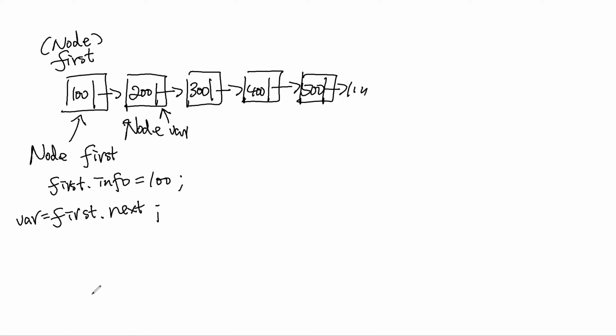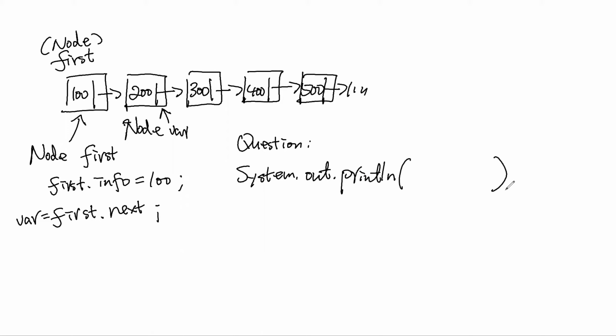Okay, so now my question is, how do I do System.out.println to output 200, the second node's information? How do I fill this part?